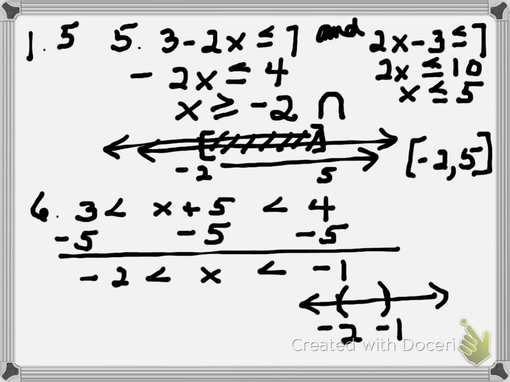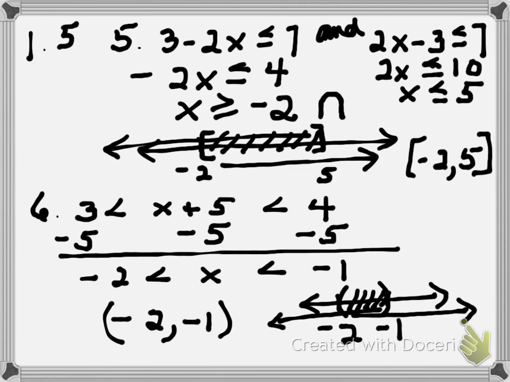X is greater than -2. That would be shading everything to the right. Less than -1 is everything shaded to the left, and therefore what they have in common is between the two, which is the interval between -2 and -1, exclusive of the endpoints.